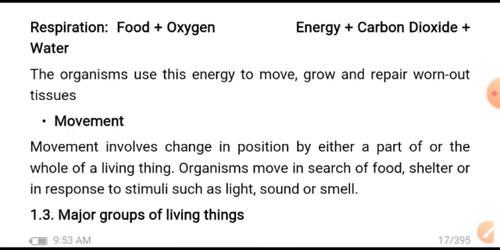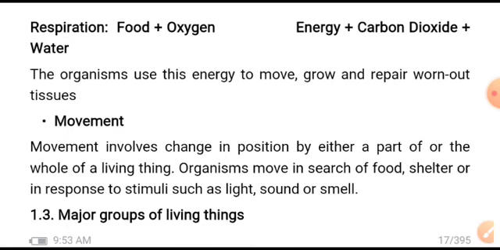Another point is movement, the next characteristic of human beings or living beings. Movement involves a change in position by either a part or the whole of the living thing. Organisms move in search of food, shelter, or in response to stimuli such as light, sound, or smell.